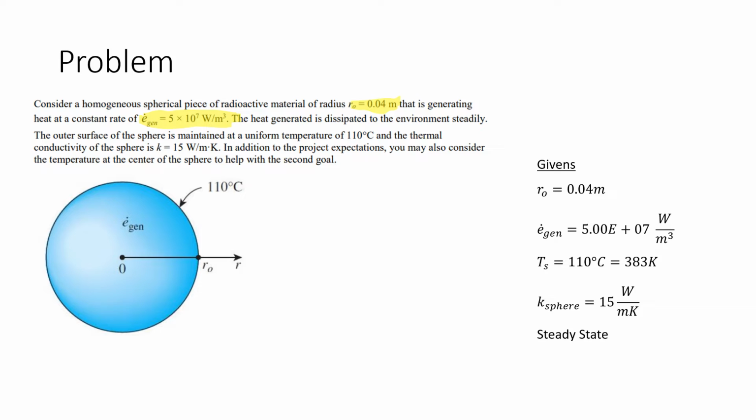The heat being generated is being dissipated to the environment steadily, so that's steady state. The surface temperature of the sphere is 110 degrees Celsius. Finally, we are given the thermal conductivity of the sphere as 15 watts per meter Kelvin.